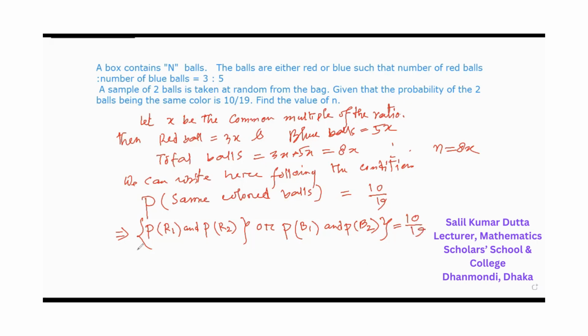Now, if you ask why here is "or" and here is "and": in statistics, mainly "and" is simplified as multiply, and "or" is simply taken as plus, that means addition.